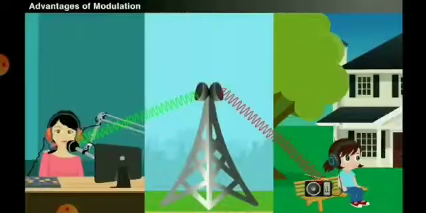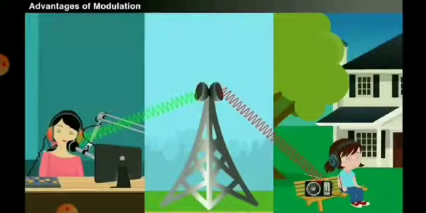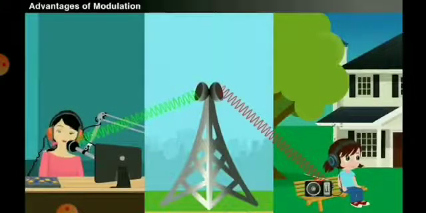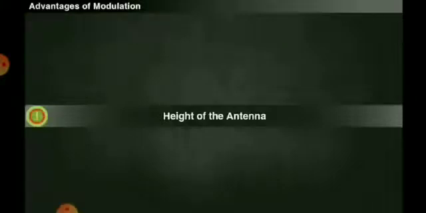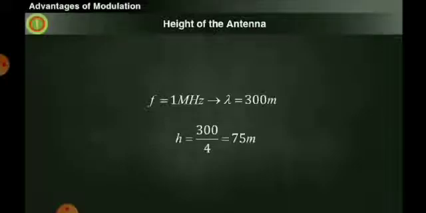Let us see how the problems in the transmission of low frequency signals are overcome by modulation. To overcome the problem of the height of the antenna, if a high frequency signal of 1 megahertz is used, the height of the antenna will be around 75 meters, which can be achieved practically.